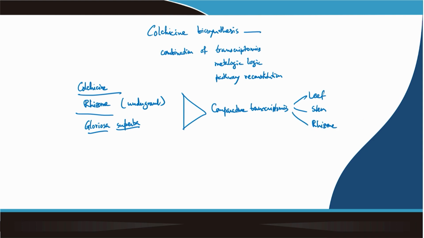And then from there they tried to study the differential gene expression. This transcriptomics was de novo, that is, no information was available earlier about the transcription profile of this plant.